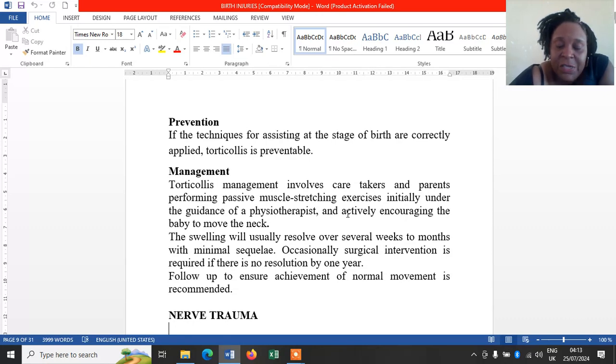So if it is witnessed in a baby, what can we do? The management will involve the caretakers and the parents performing passive muscle stretching exercises under the guidance of a physiotherapist, and actively encouraging the baby to move the neck.